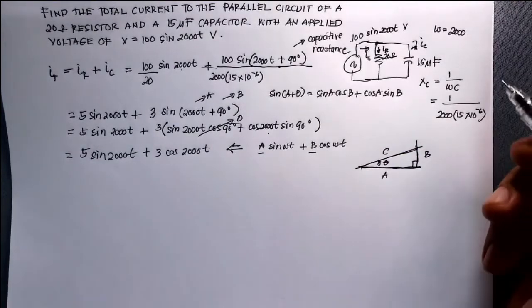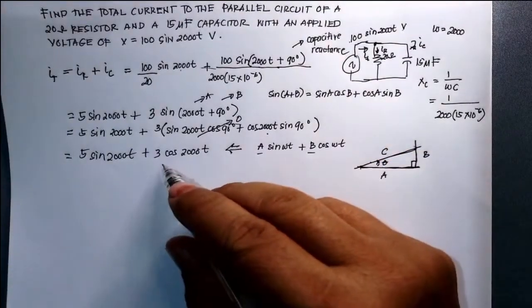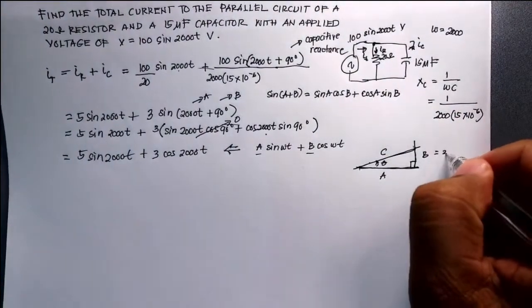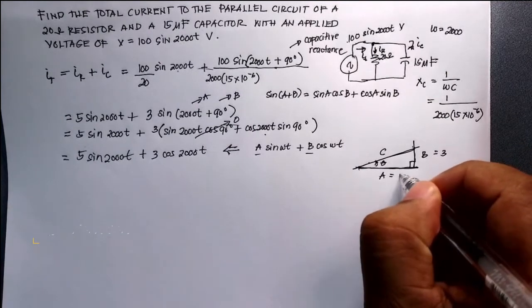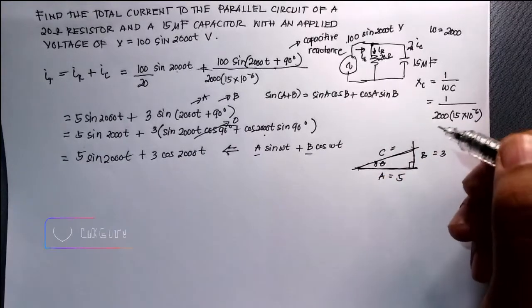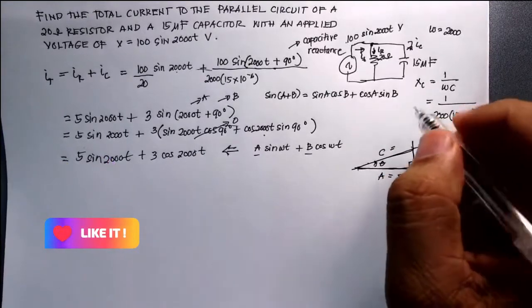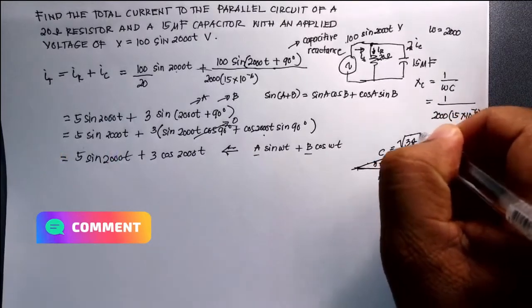So therefore, if B is equal to 3 and A is equal to 5, by the Pythagorean theorem you know that C is square root of 34.